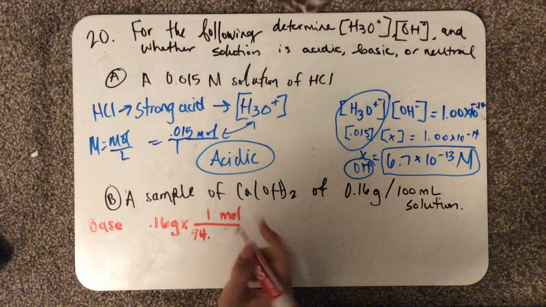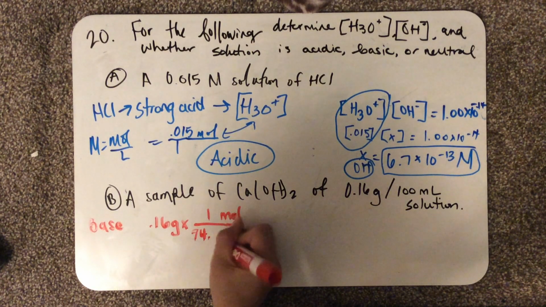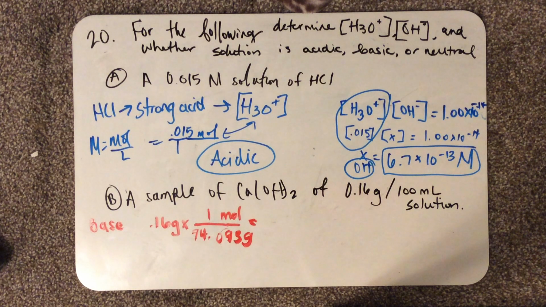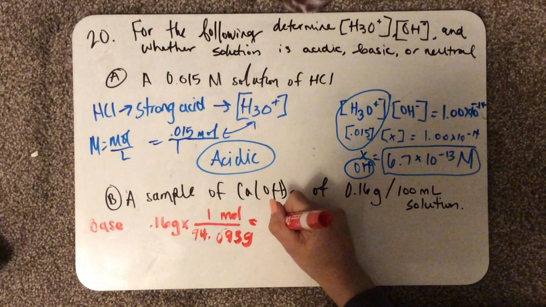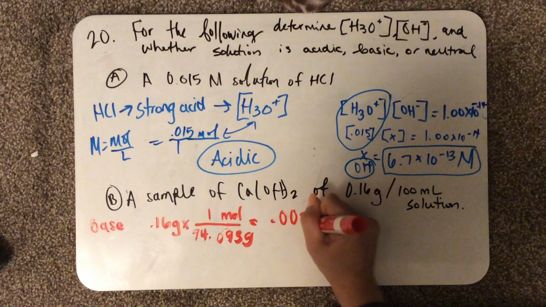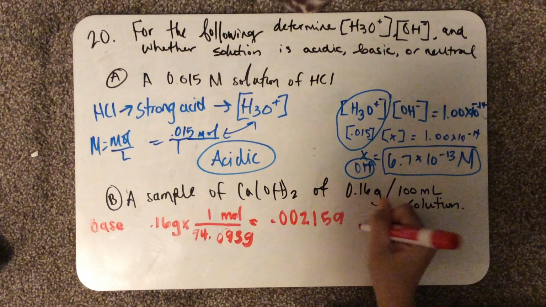Gonna run out of room. When we work that out on the calculator, we have 0.02159 moles.